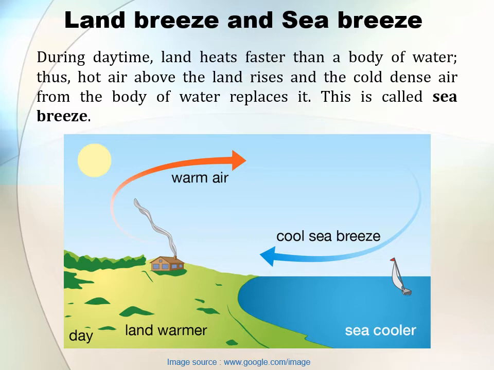So as the land warms more, the atmosphere above it also becomes warm. Here a low pressure zone occurs and the air over the land goes up.